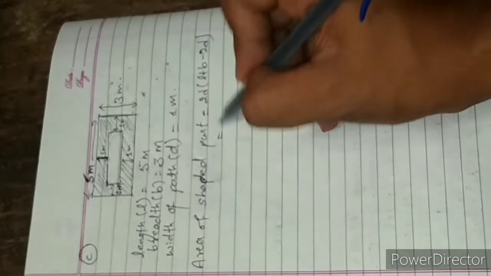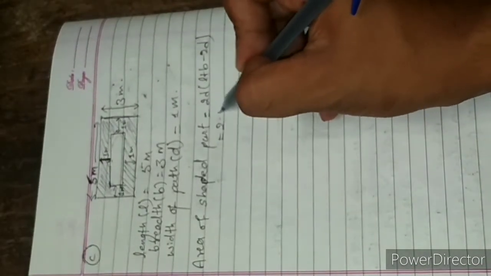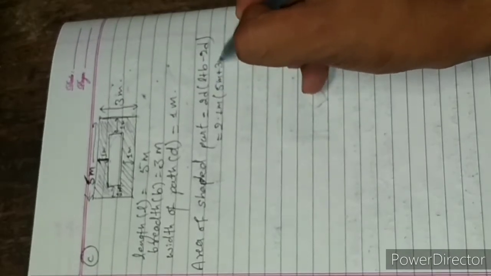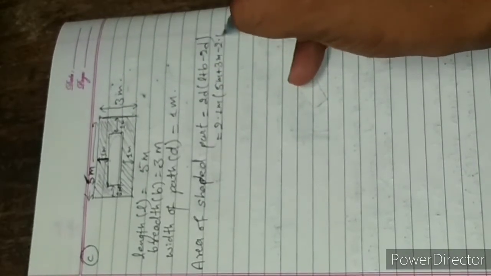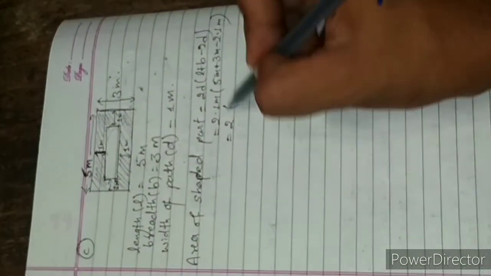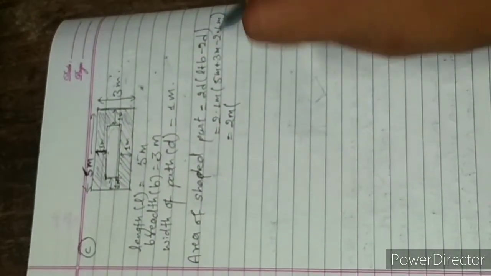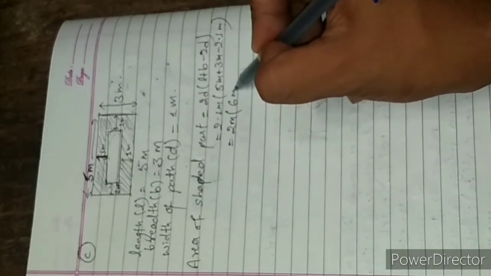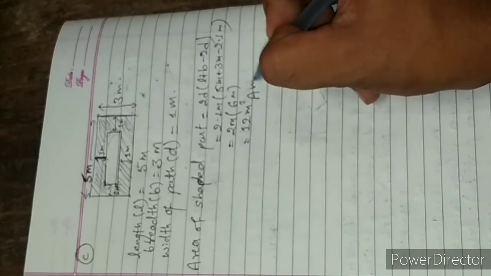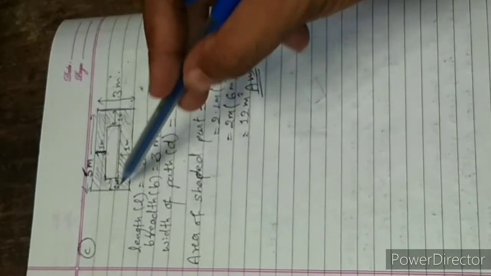We use d is 1, L is 5 plus 3 minus 2 into 1. 5 plus 3 is 8, 8 minus 2 is 6, 6 times 2 is 12 meter square, the area of this path.